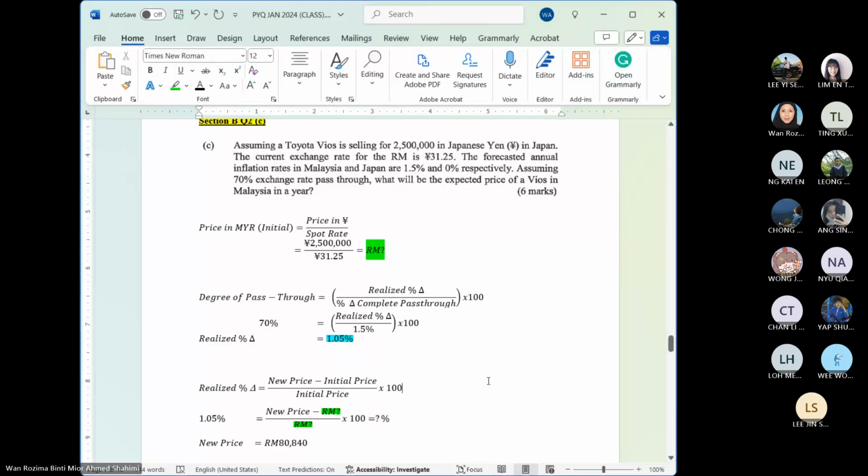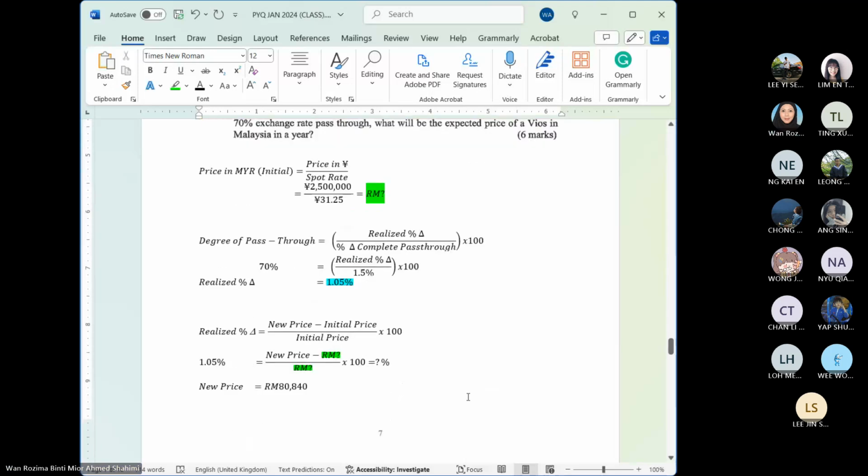Then you can answer this by finding the new price, because the question asks you to find the new price. Let me highlight this, because this is the one that you need to find.